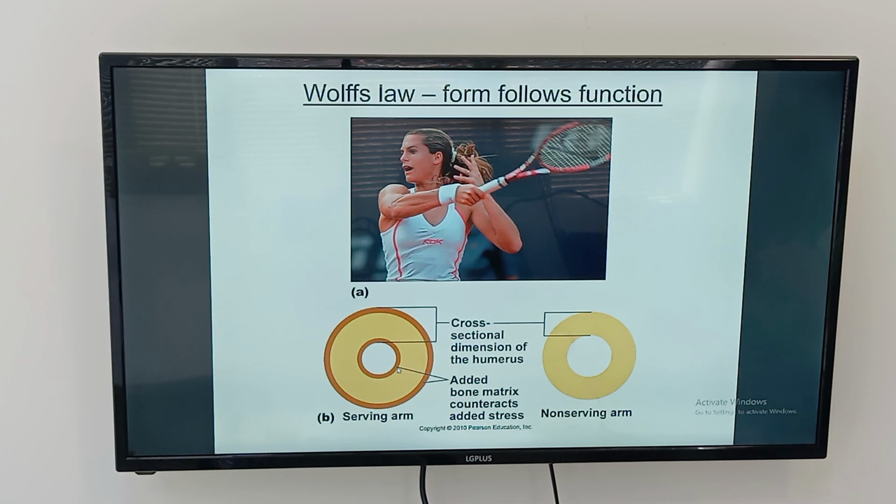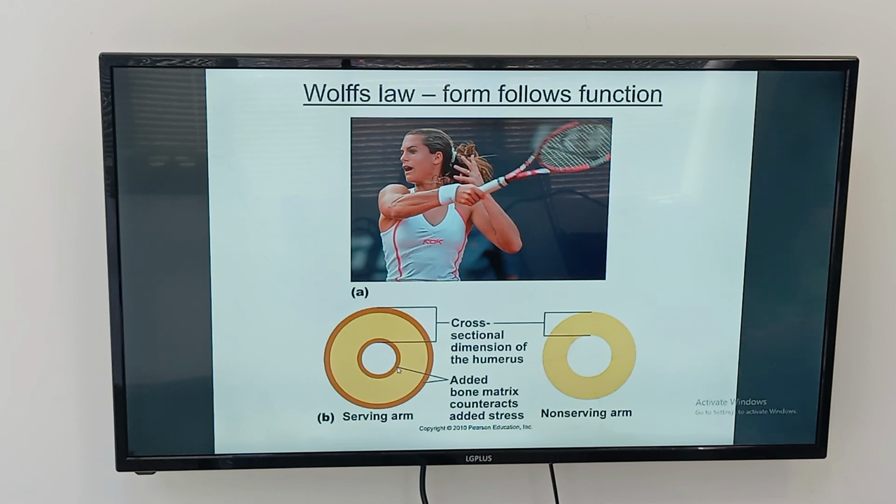Of course, every human is either right-handed or left-handed. If you have a functional arm, let's say you're a right-handed person, you pick up things with your hand, you write with your hand, you drive with your right hand.